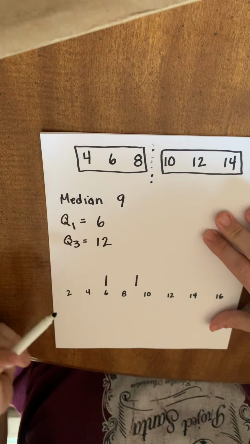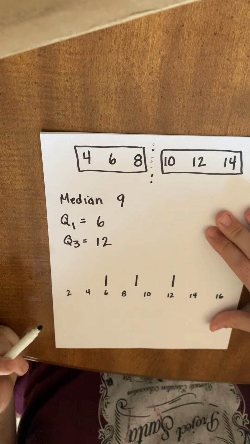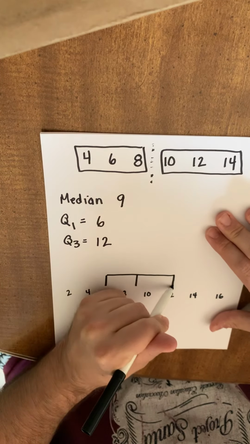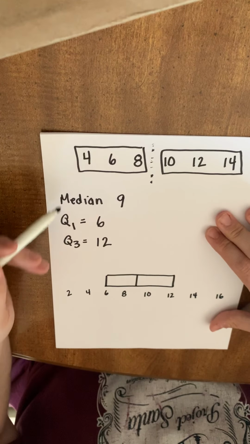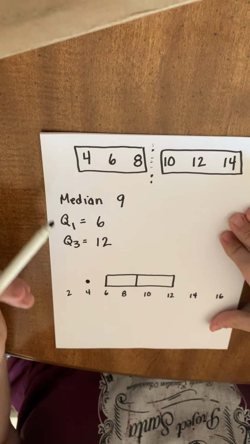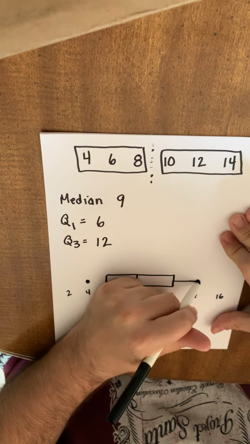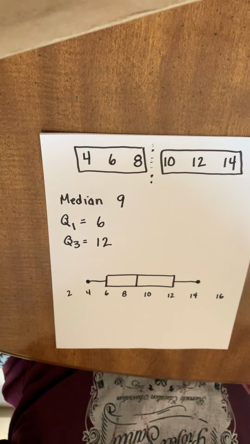Our Q3 is going to be 12, so I have another line. That is enough information to make my box. Now for the whiskers, my lowest number is 4 and my highest number is 14. There is our box and whisker plot.